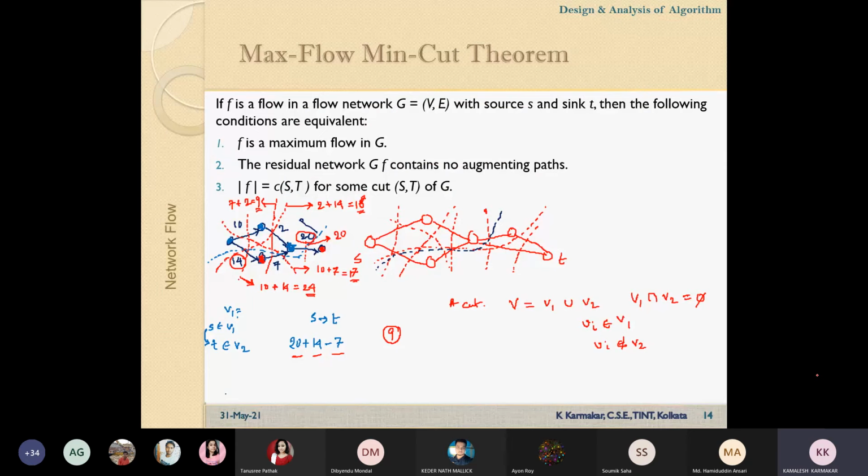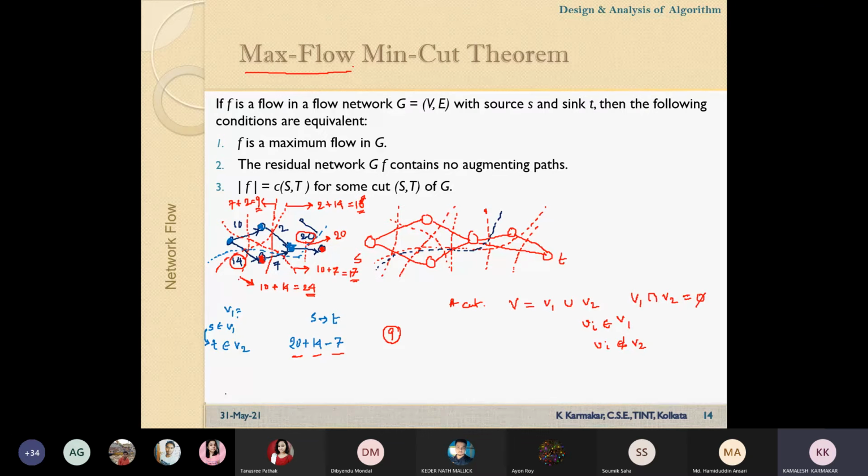So that's why the name of this theorem is max flow min cut. Okay, so we are going to calculate the maximum flow. So if we determine all the cuts of a graph, and for each and every cut we calculate the flow, then the minimum cut, that means the cut flows for all the paths of the cuts, which one is minimum value, that will be the maximum flow.